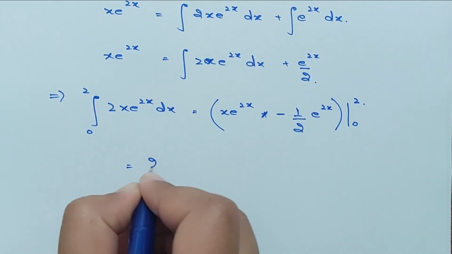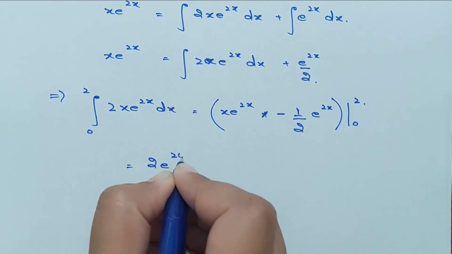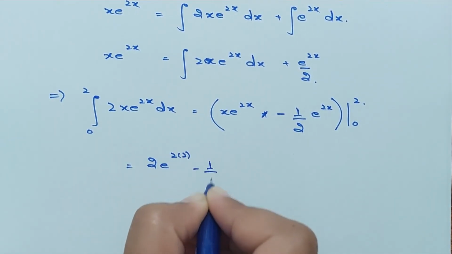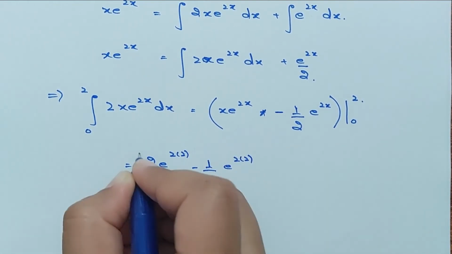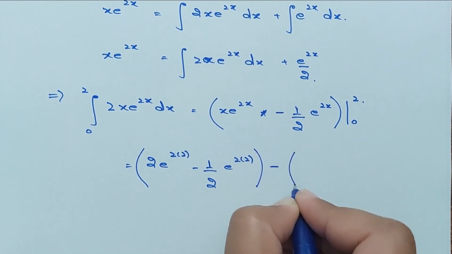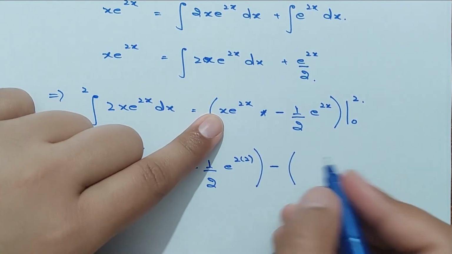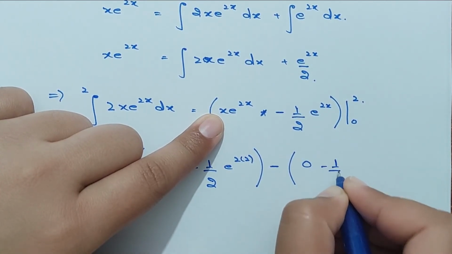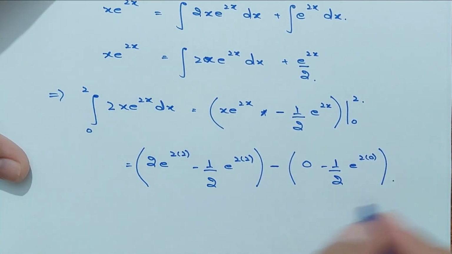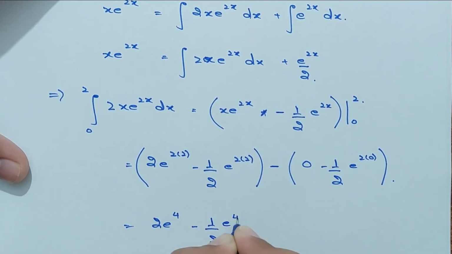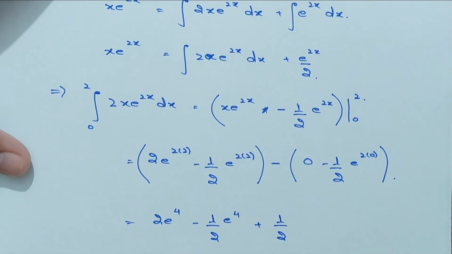The upper limit is 2 e to the power 2 times 2 minus 1 by 2 e to the power 2 times 2, minus the lower limit. x is 0, so the first term is just 0, minus 1 by 2 e to the power 2 times 0. Right, so e to the power 4 minus 1 by 2 e to the power 4 and plus 1 by 2 e to the power 0, which is just 1.